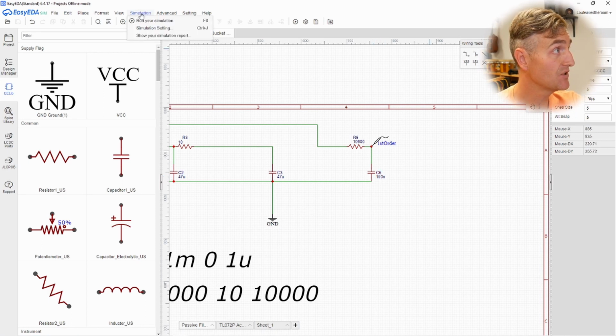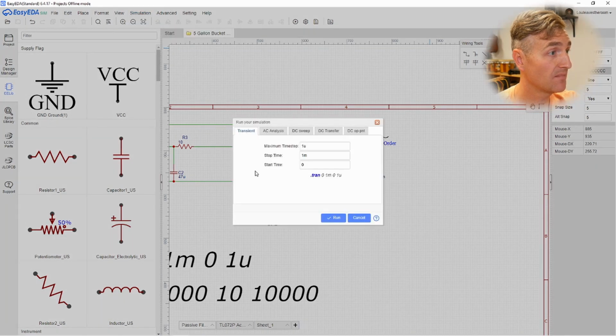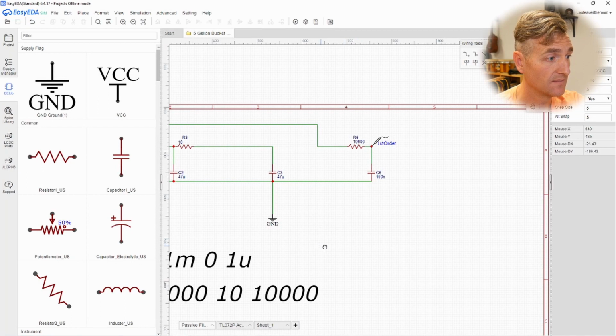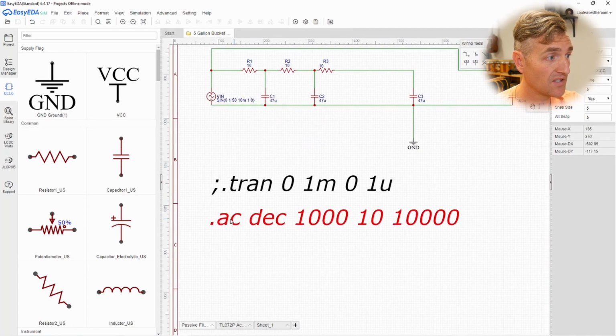I can go to simulation in Easy EDA and set up my simulation. I want to do an AC analysis. If I look down here, I've already defined an AC analysis to go from 10 hertz to 10,000 hertz and do 1,000 points. So that's a lot of points.